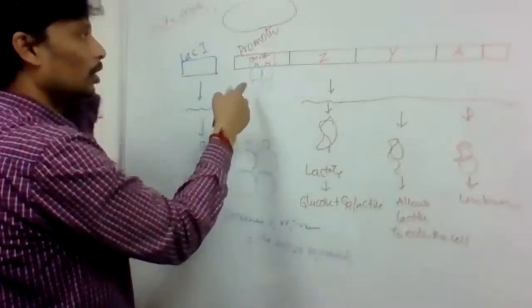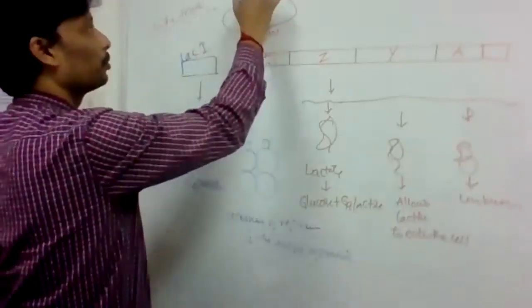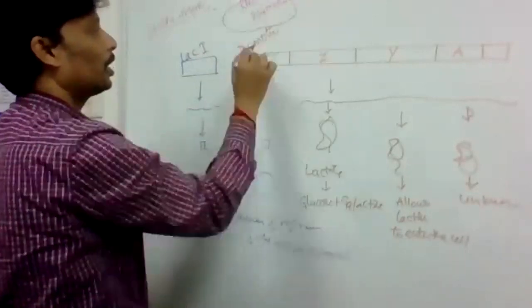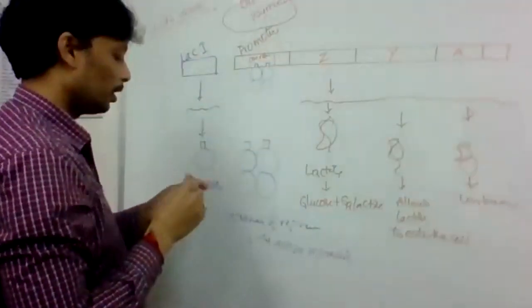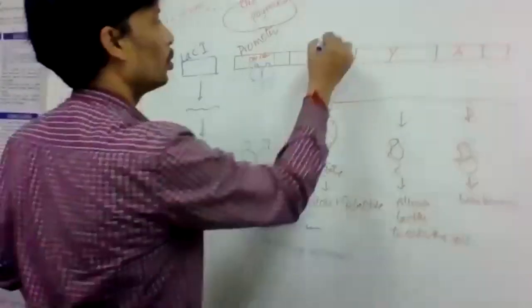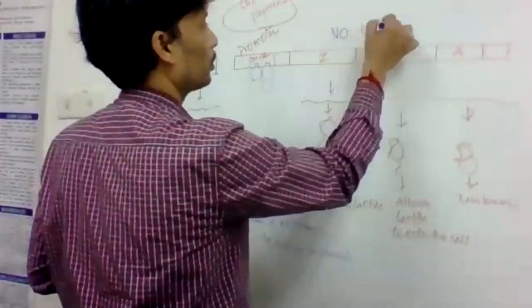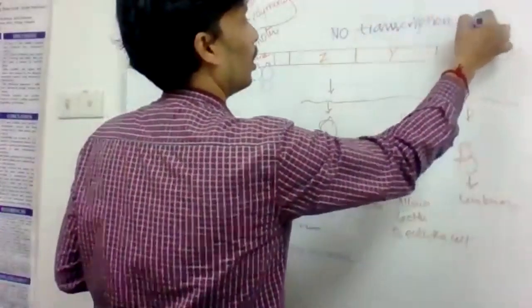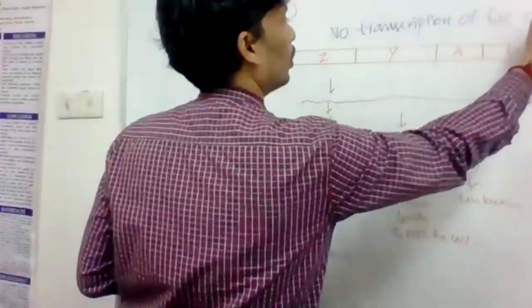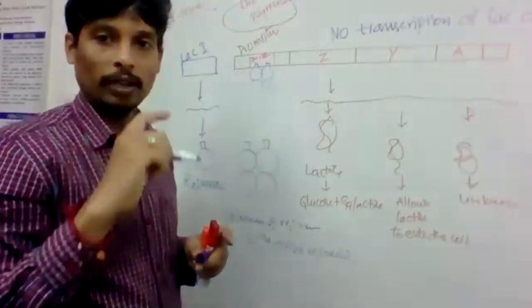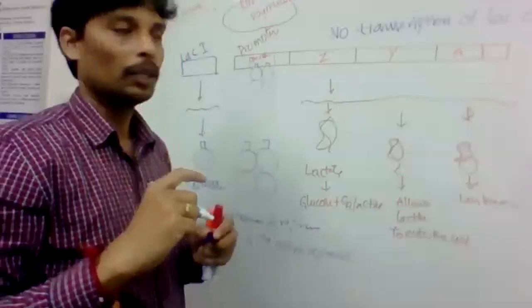It occupies it, so RNA polymerase is not going to bind, and there will be no transcription of the lac operon.